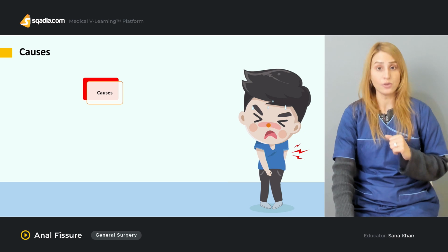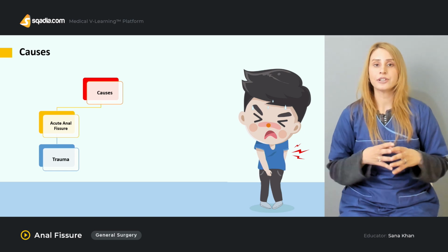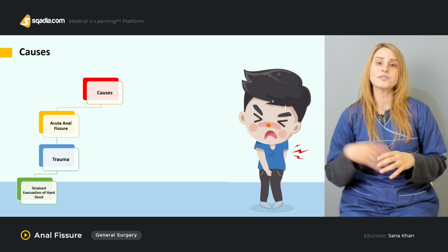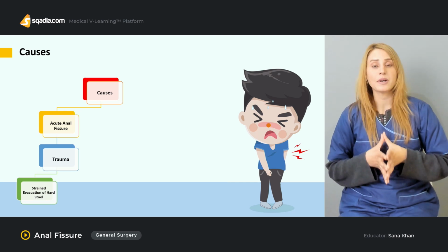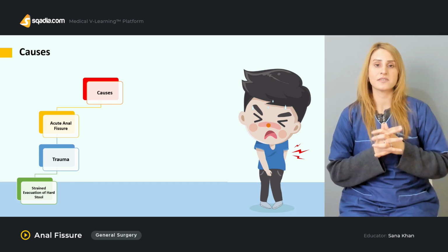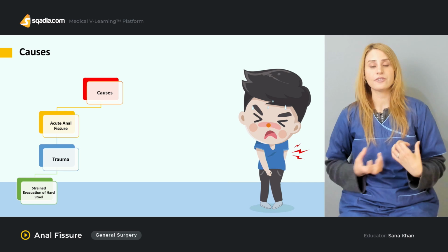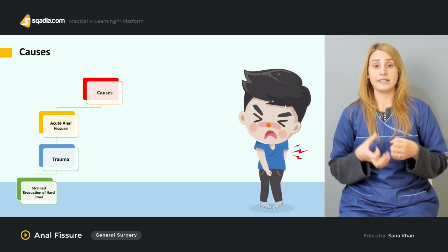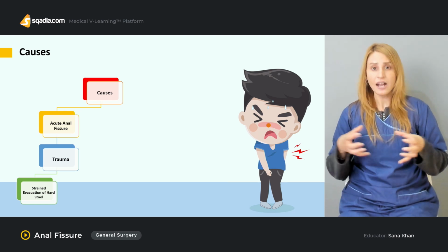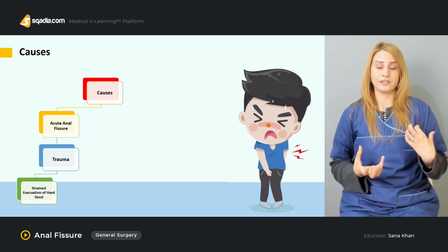And if we talk about the causes of this presentation, there are a few important causes for the acute anal fissure, and there are other causes for the chronic anal fissure. There can be association with some other diseases, but usually the act of constipation and repeated episodes of diarrhea increase the shearing force and friction, and the anal pressure is increased so much, with a tightening of these sphincters, especially because they are muscular in nature.